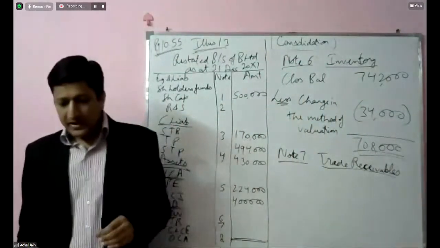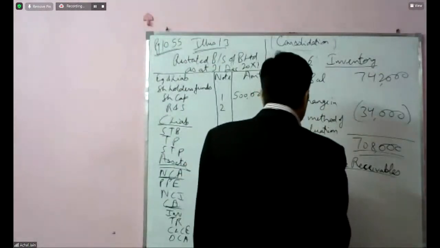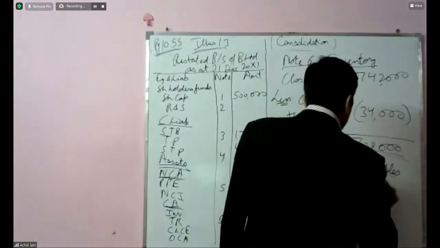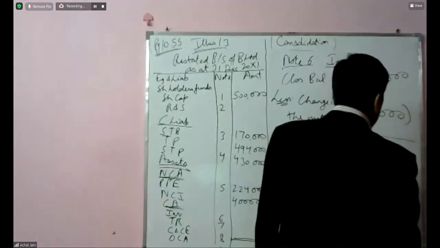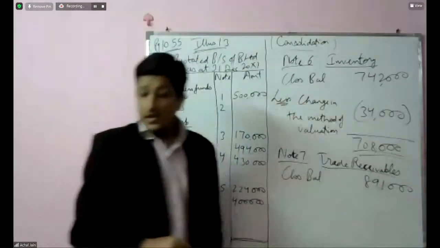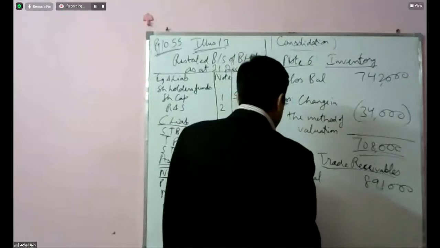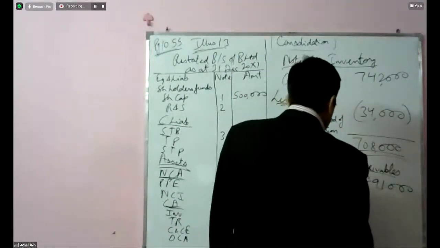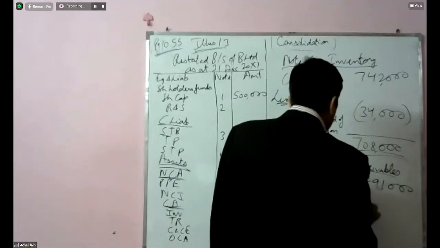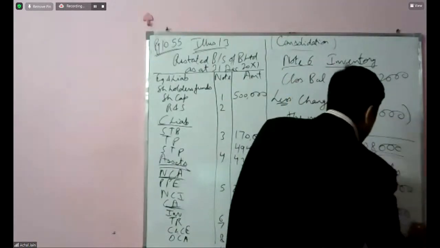Note number 7, trade receivables. So closing balance 8,91,000. And we need to make the correction. Add provision adjusted earlier 9,000.